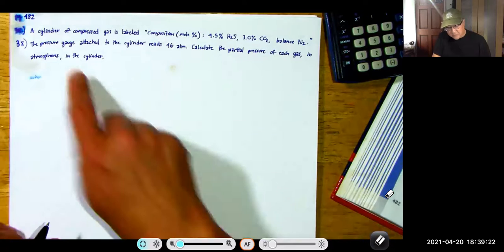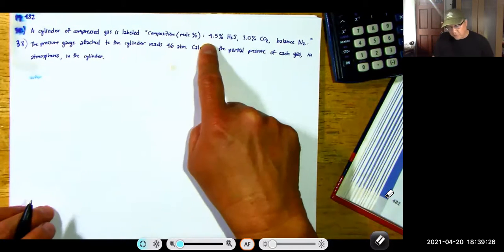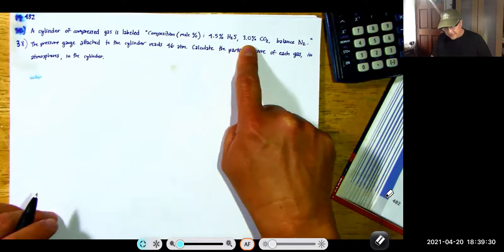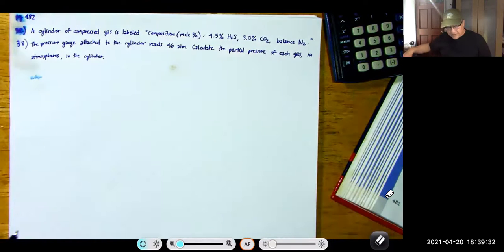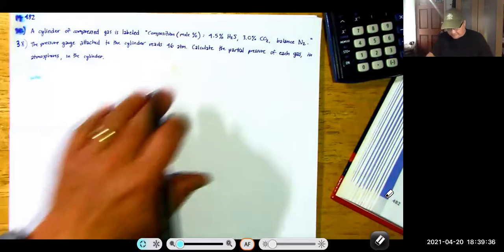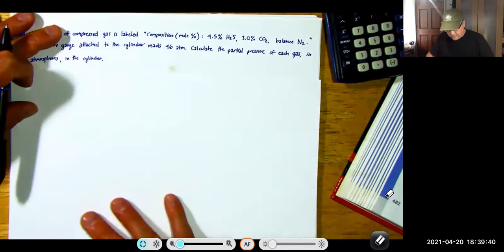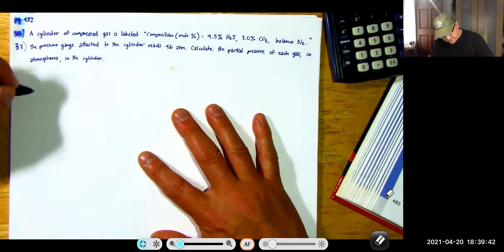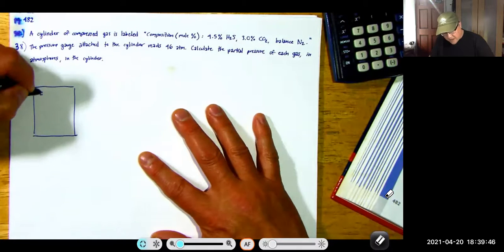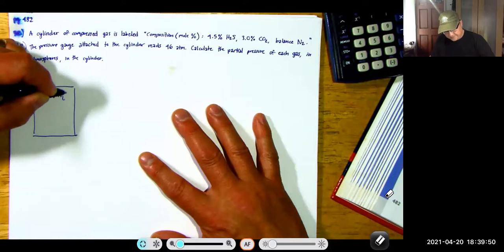A cylinder of compressed gas is labeled composition mole percent, 4.5% H2S, 3.0%. So what I'm going to do here is I'm going to draw a container with this in here. So here's my container. And it's 4.5% H2S.